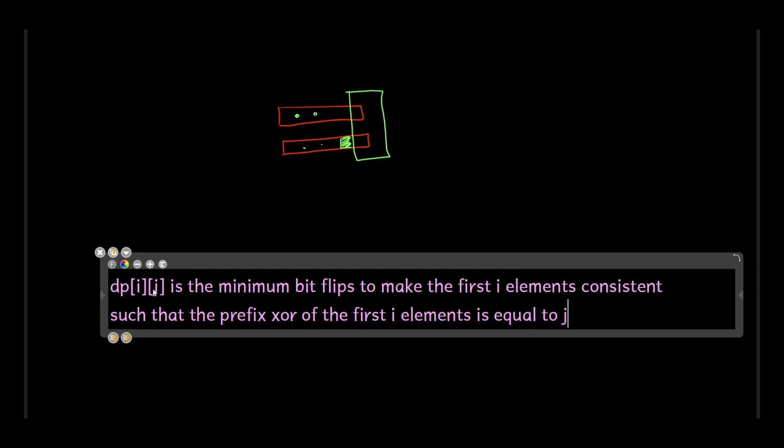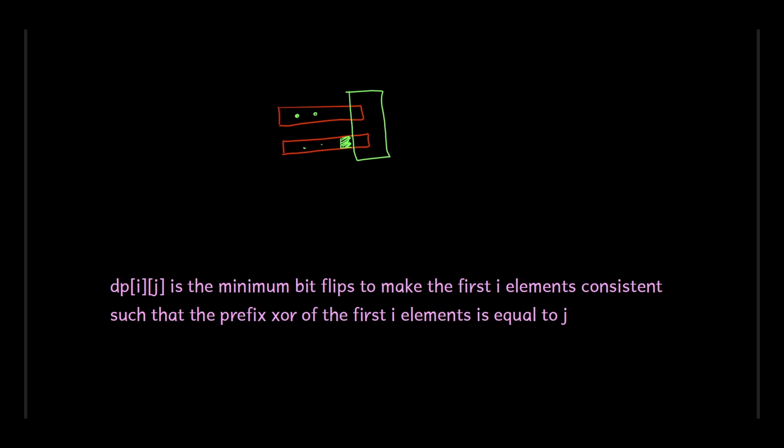Basically this j parameter is nothing but this lower entry that you see. Now of course the i parameter can go up to n, because there are a total of n elements, but the prefix XOR can only be between 0 and 1. So the DP table will only be of n cross 2.